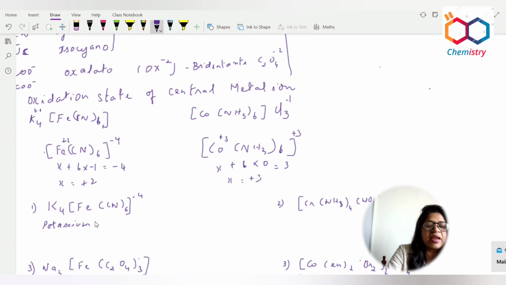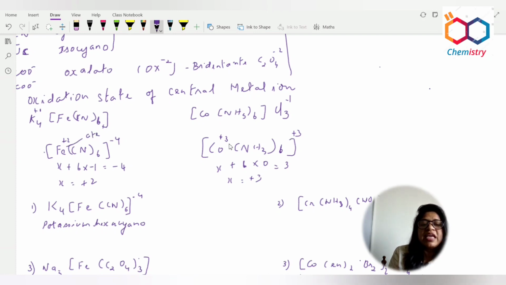If there are more than one ligand, you can use the prefixes di, tri, penta. Here there are 6, so we are using the prefix hexa. Hexacyano. Now this is a negative coordination entity. When the coordination entity is negative, the name of the central metal ion will end with ate.